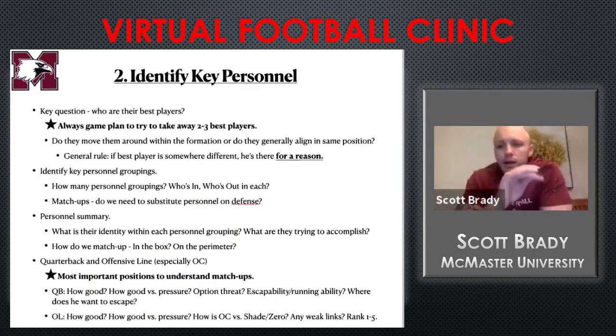So we're looking at, how does this center do snapping the ball, executing his assignment when he's got to block a shade, when he's got to block a zero technique nose, and we've got the 2 guards covered so he can't get any help. And you want to see if he's capable of doing those things. Can we win just by making that center have to block somebody one-on-one, right? And then who are their worst guys and how can we get our best guys matched up on them?